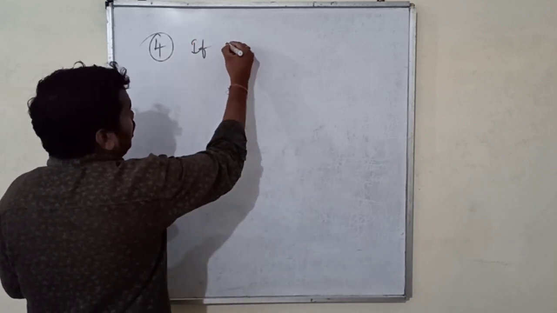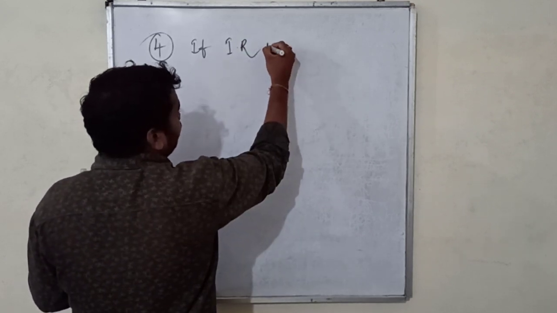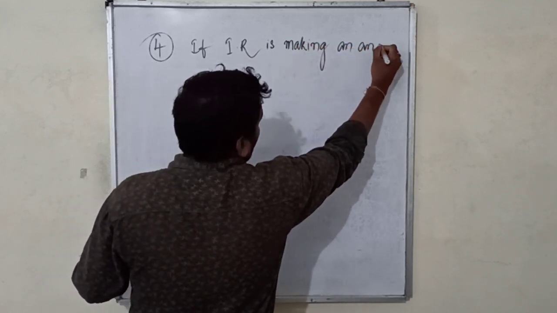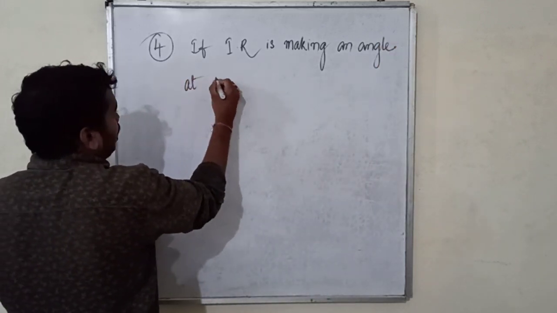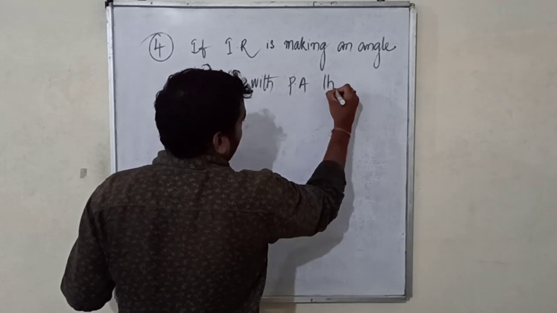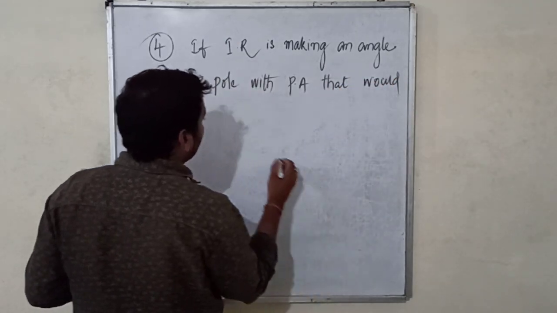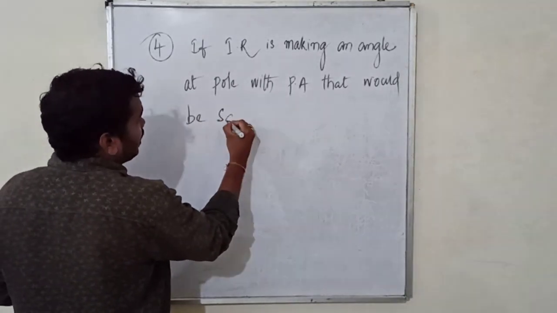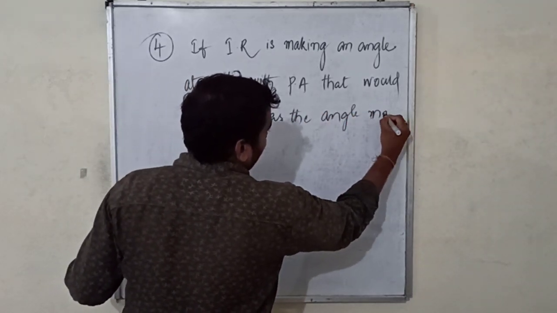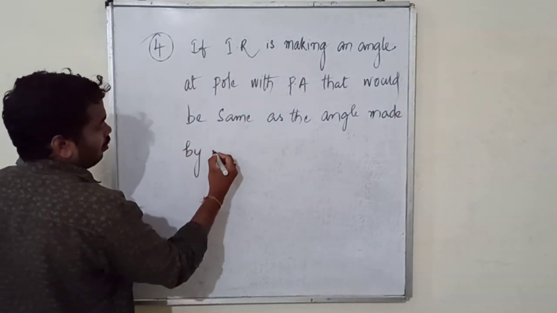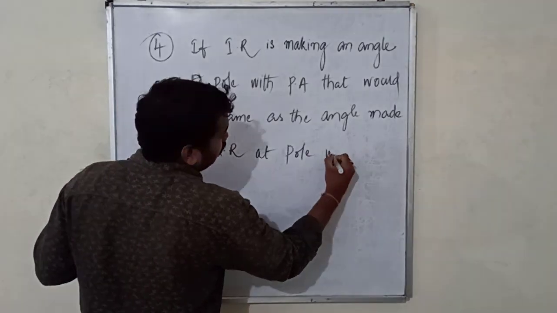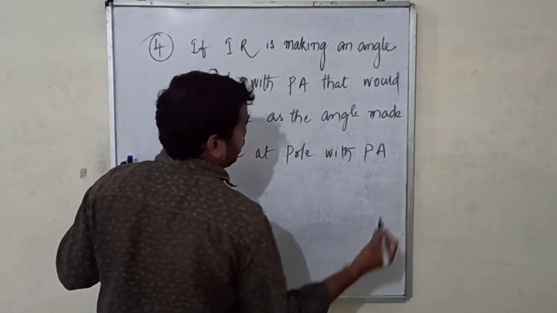Now, fourth case. If the incident ray is making an angle at the pole with the principal axis, that would be the same as the angle made by the reflected ray at the pole with the principal axis.